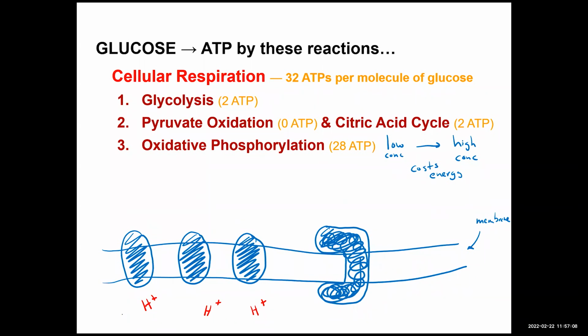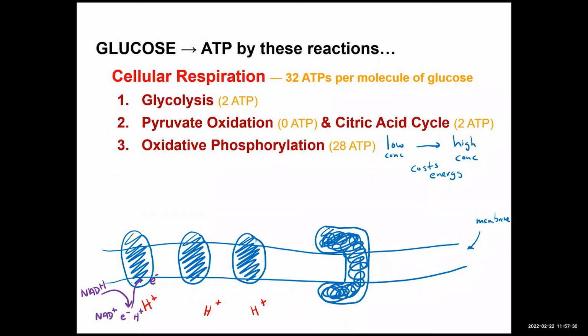To do that, we are going to take our coenzymes, NADH and FADH2. These are carriers. Remember, coenzymes carry electrons and hydrogen ions. That's their job. The electron is going to go on a trip.